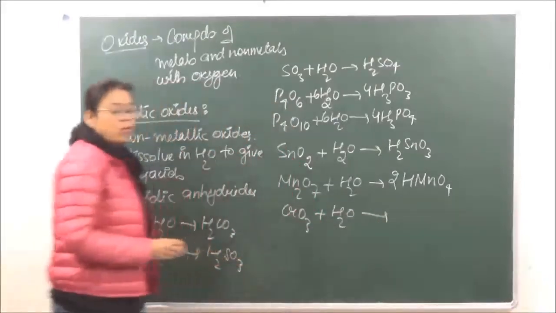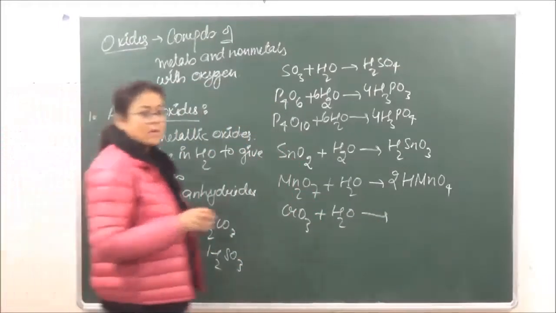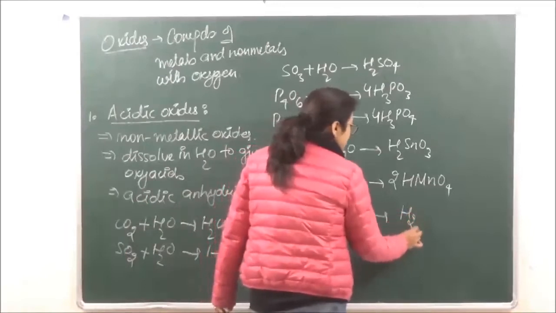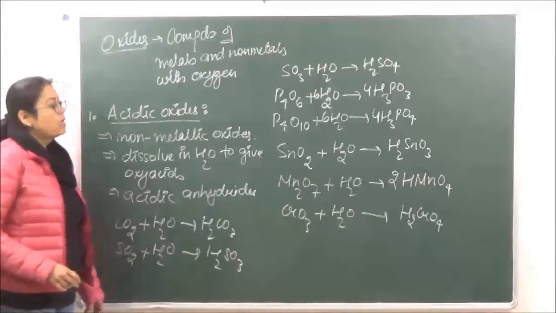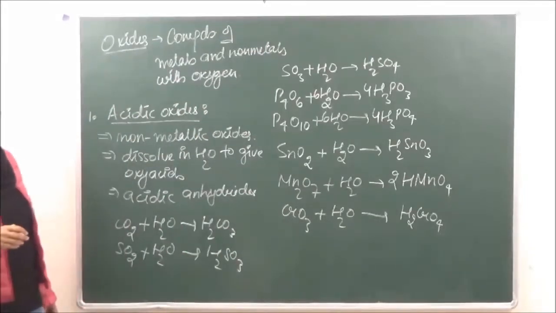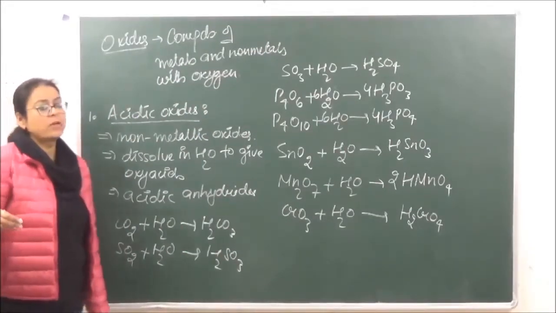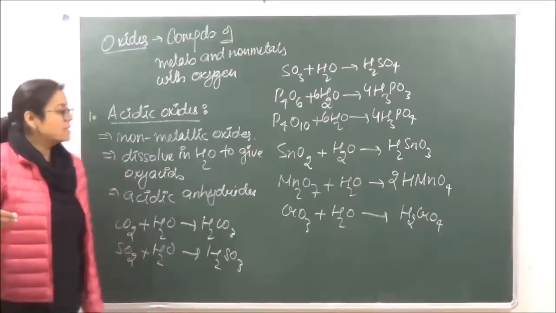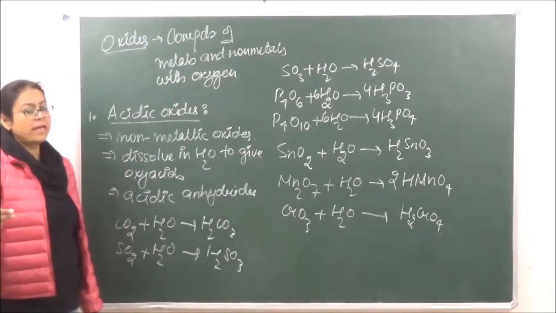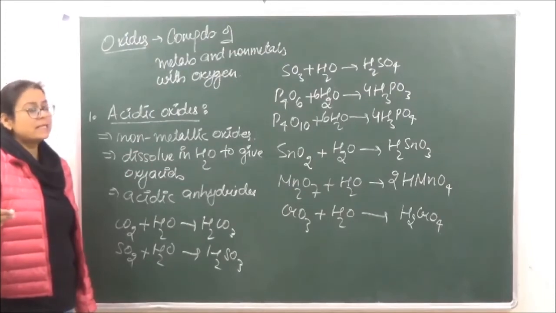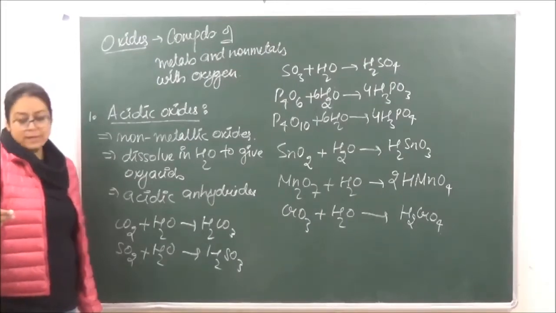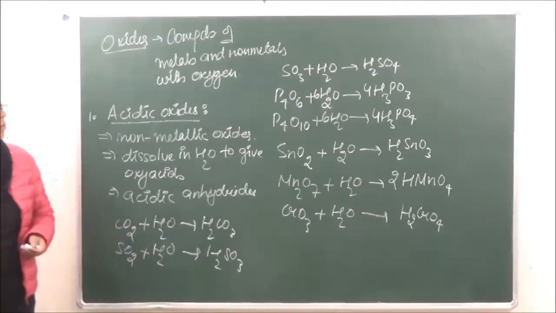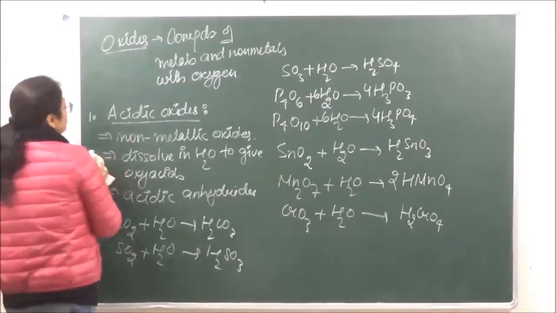Chromium trioxide also dissolves in water to give us chromic acid, H2CrO4. So mostly we have seen that the non-metallic oxides are going to behave as acidic oxides, but sometimes even the metallic oxides behave as acidic oxides, and the examples which we've taken over here are SnO2, Mn2O7 and CrO3. Right?